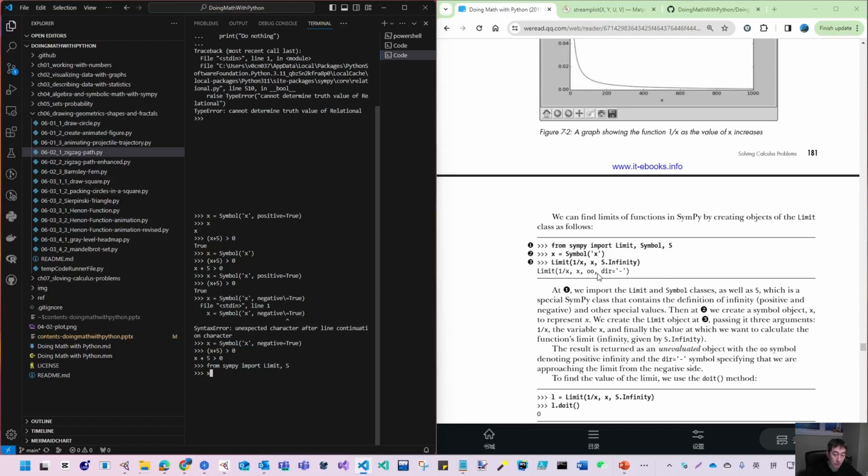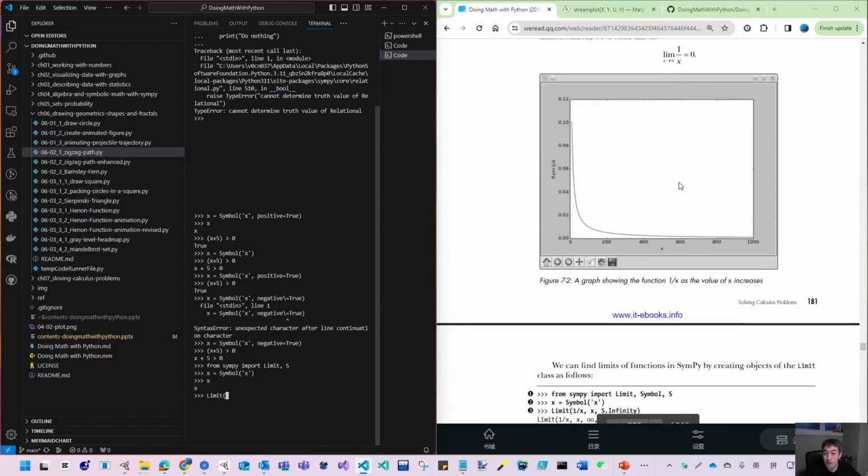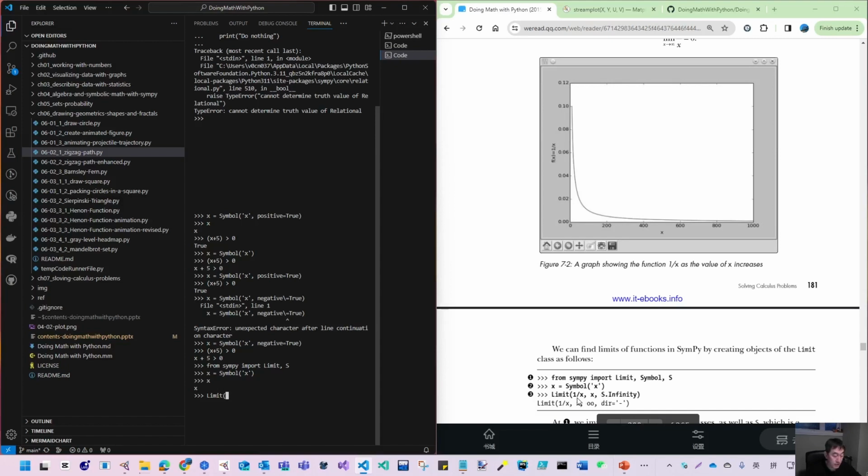Then we can have the 1 over x. Let's redefine x without those assumptions. So x is just this one. Then for the usage, we put this limit, and first we have the expression, 1 divided by x, and then the second is the variable x, and then we give x approaching, so approaching to infinity.